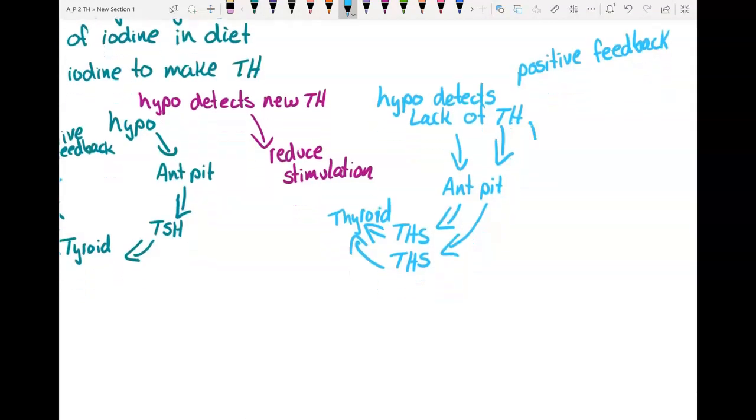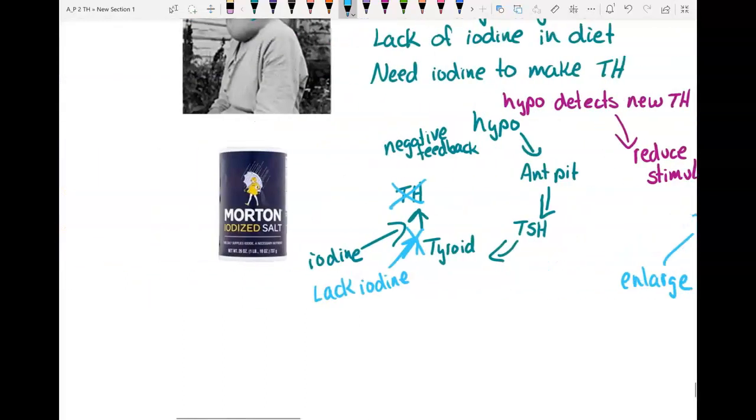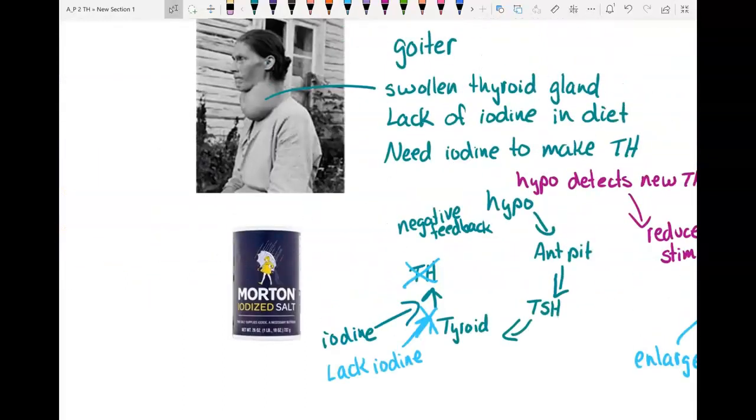So it stimulates again, which then sends more TSH. All this TSH is what makes the thyroid enlarge. So it's this vain effort to get the thyroid gland to make more thyroid hormone by having ever increasing levels of thyroid stimulating hormone. But if there's no iodine, you're not going to get the thyroid hormone. And that's how you end up with a goiter.